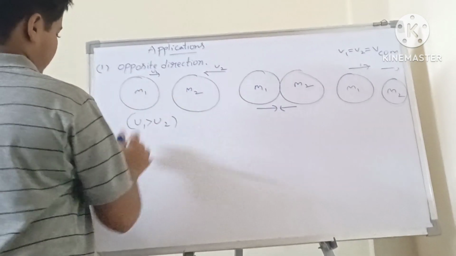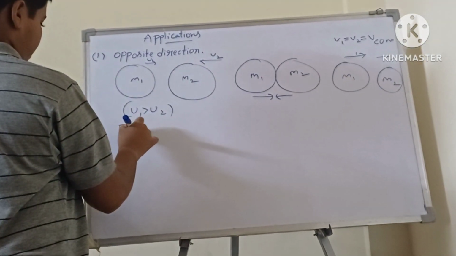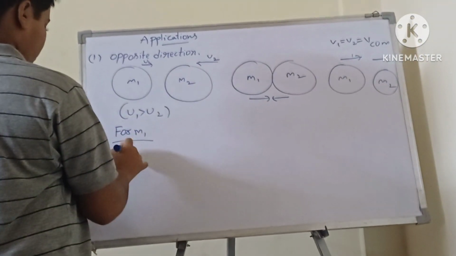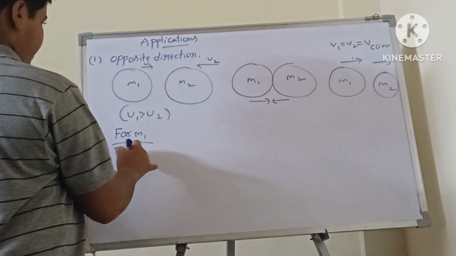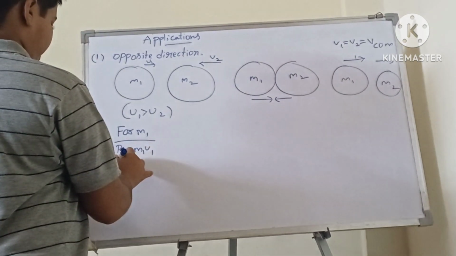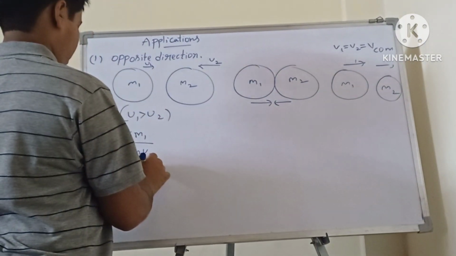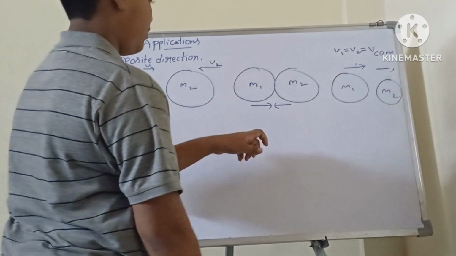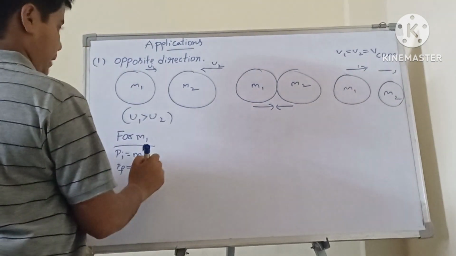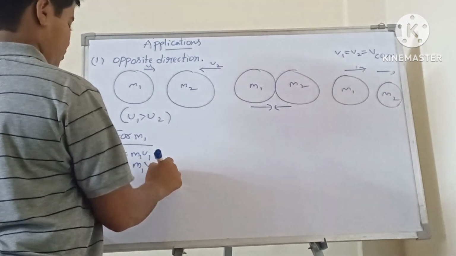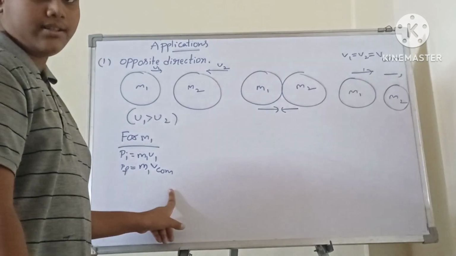So here for m1, initial momentum is m1 u1, final momentum is m1 vcom. Vcom means common velocity.